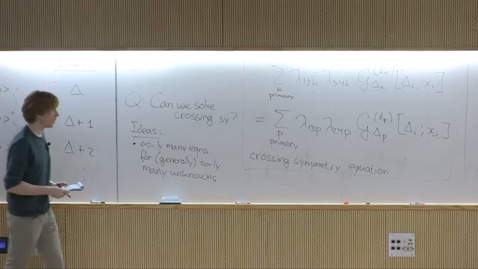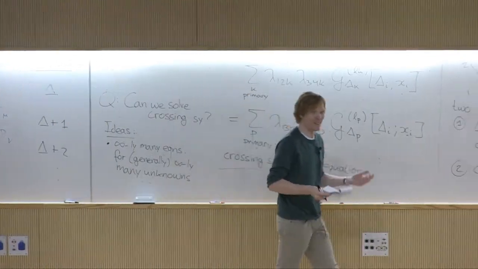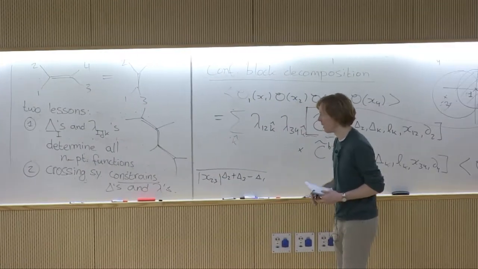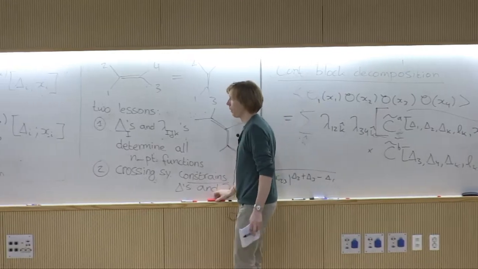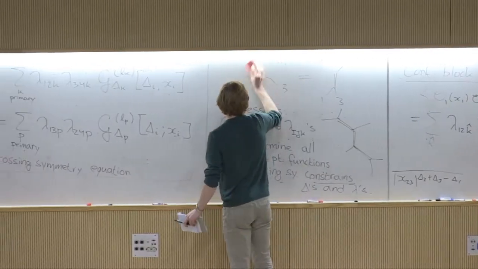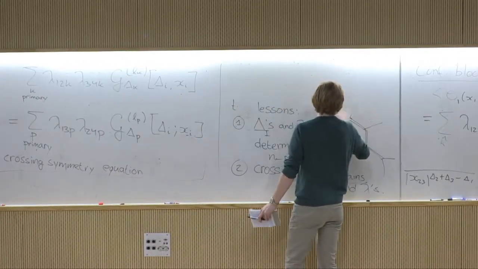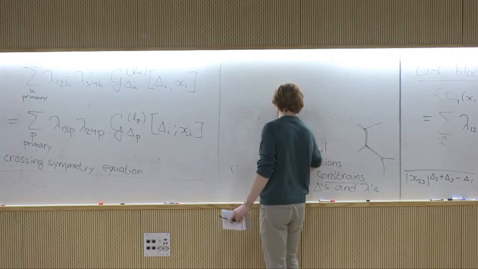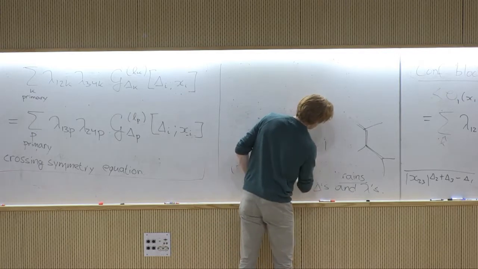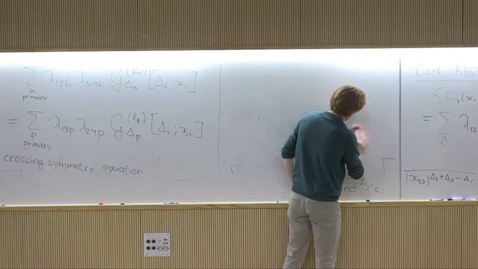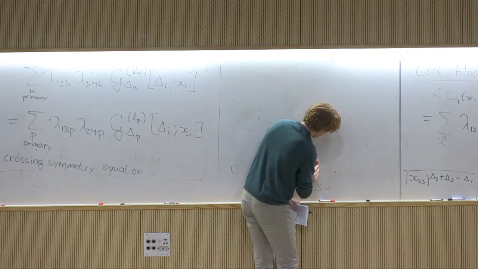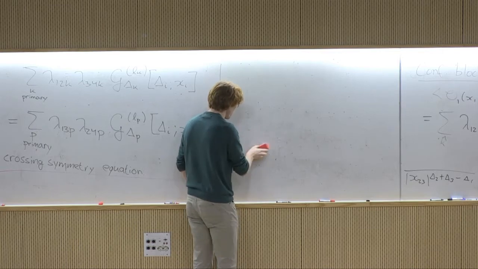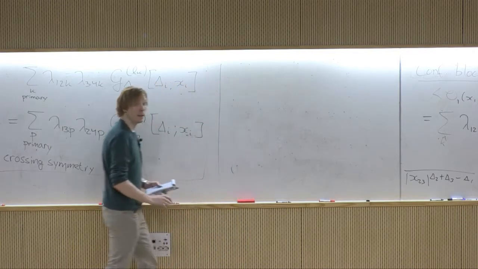Well, that's a little disappointing, because it would be nice if this was just some finite equation with a finite set of unknowns and you would just be able to solve it rather easily. That happens in special cases. For example, in 2 dimensions, you can use the power of the Virasoro algebra to write even bigger blocks which take into account the full Virasoro symmetry, and then in certain cases you get finitely many unknowns.